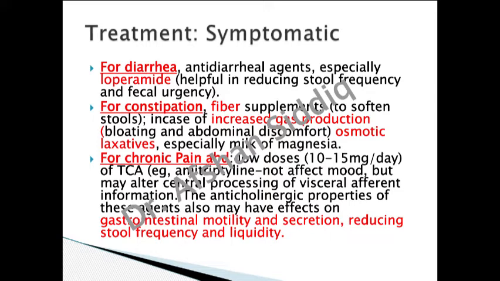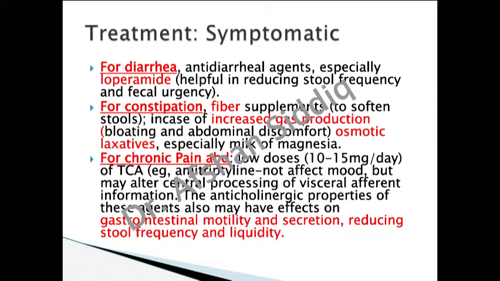The anticholinergic properties of these agents also may have an effect on gastrointestinal motility and secretion, therefore reducing stool frequency as well as liquidity. So, in the chronic pain associated with IBS where the patient is experiencing constipation, tricyclic antidepressant agents, specifically amitriptyline, in low doses are effective to reduce motility and secretion, as well as to reduce stool frequency and liquidity.